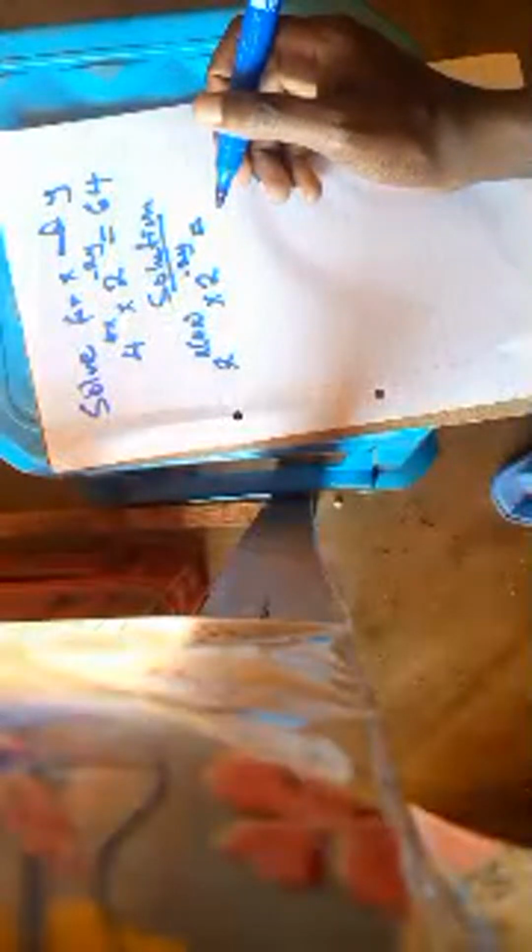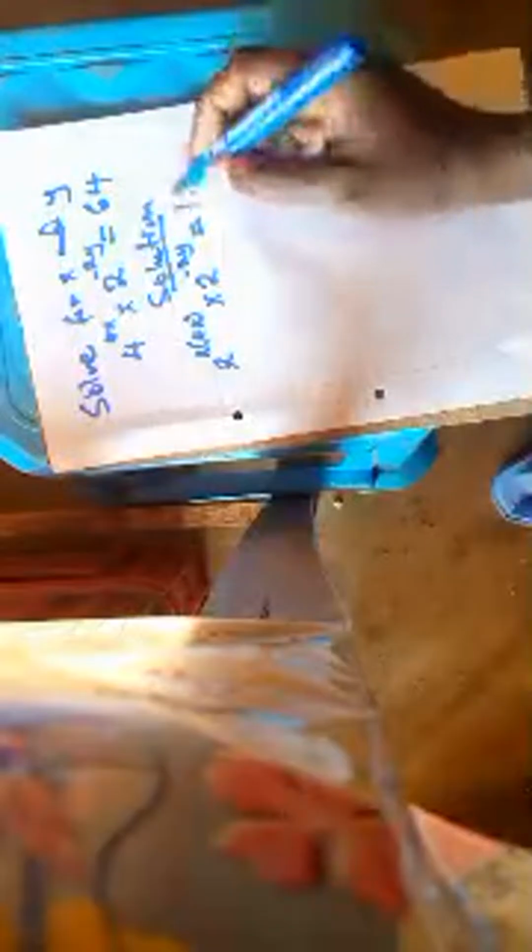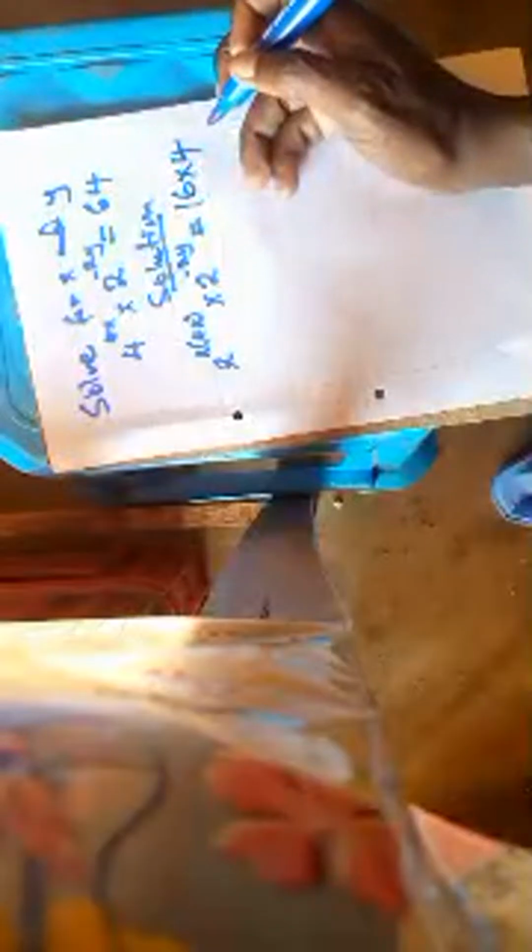64 can be written as what? Can I write it as 16 times 4? Then of course I can separate this into base 2. So 2 raised to power 8x times 2 raised to power negative 2y should be equal to 2 power 4 multiplied by 2 power 2.